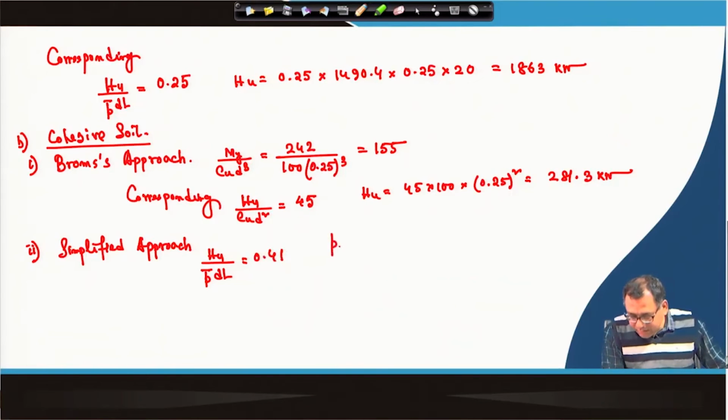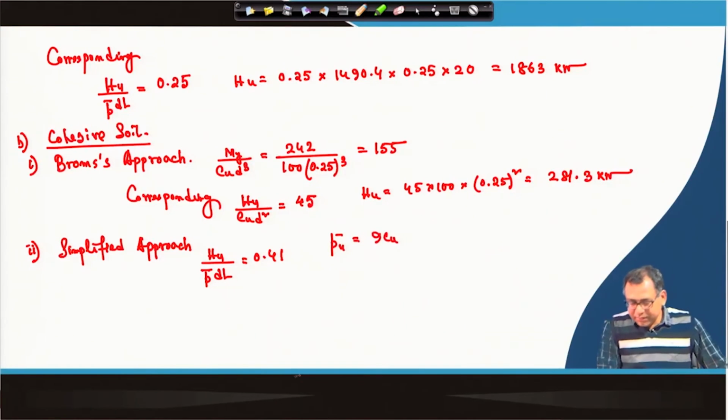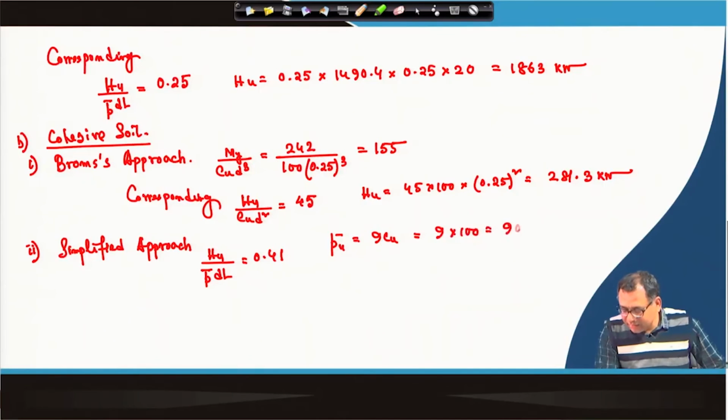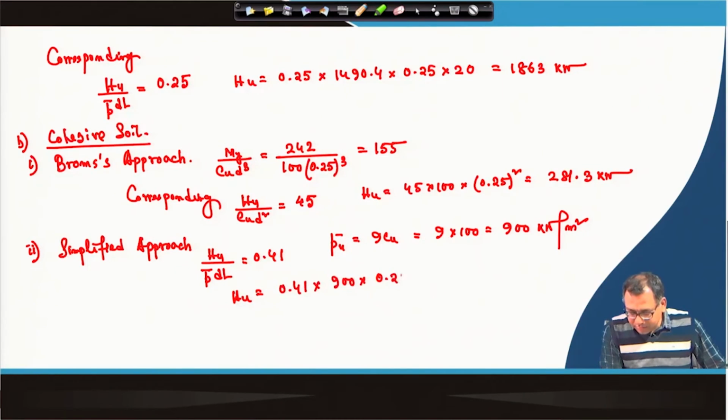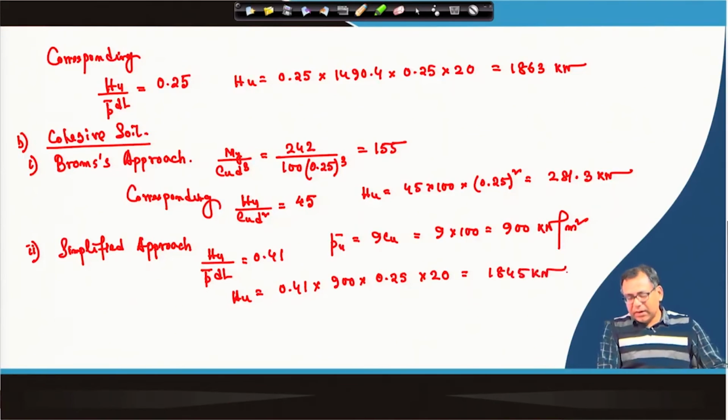Now Pu bar for cohesive soil is 9 Cu, so 9 into 100, this is 900 kilonewton per meter square. So, Hu will be 0.41 into 900 into 0.25 into 20. So, this is 1845 kilonewton, again higher than the Broms approach.